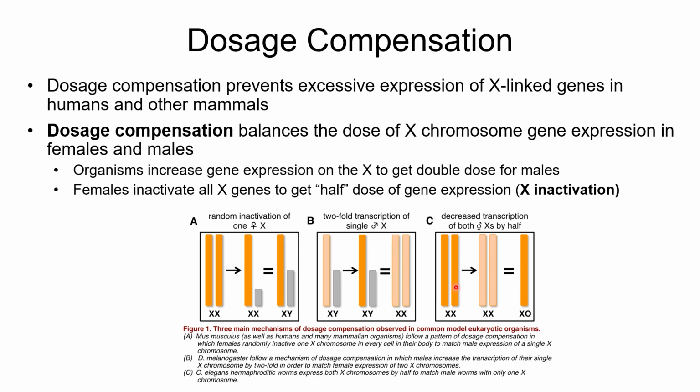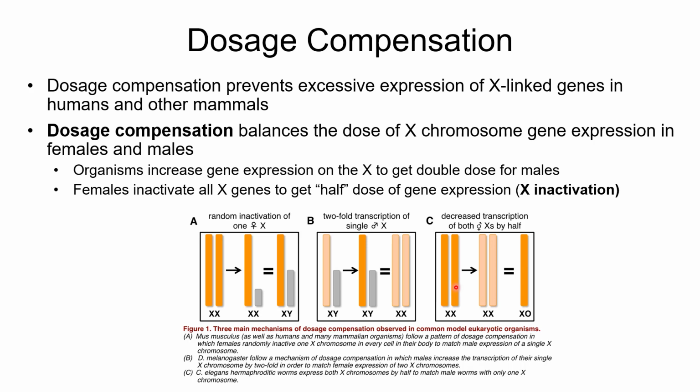And what we see is rather than having excessive expression of X-linked genes in humans and other mammals, that's one way you could compensate, right? In males, the X could produce twice as many transcripts. It could overexpress to make up for the absence of the X. We don't see that in humans and other mammals.